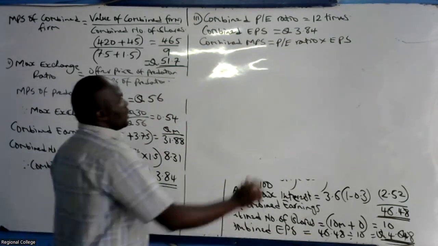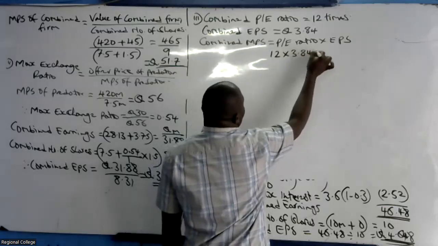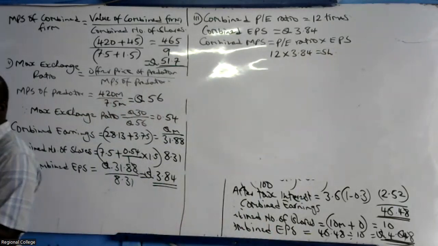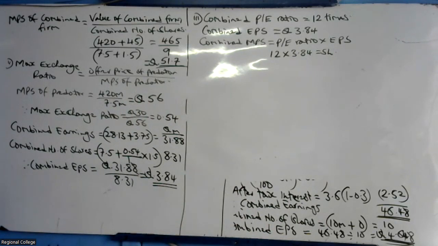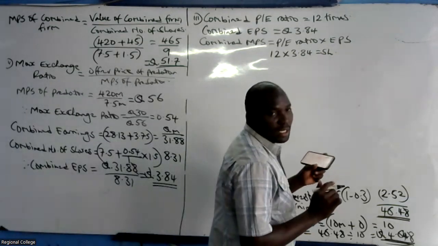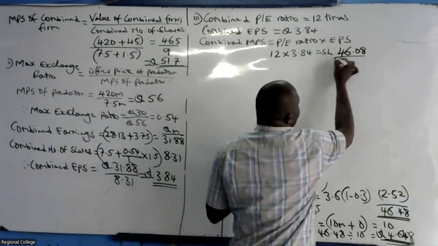So the PE ratio is 12 times 3.84. How much? 46? 46.08.